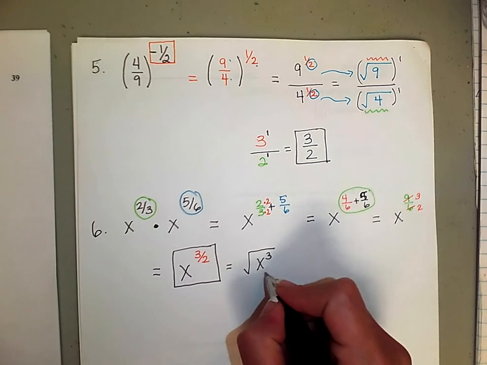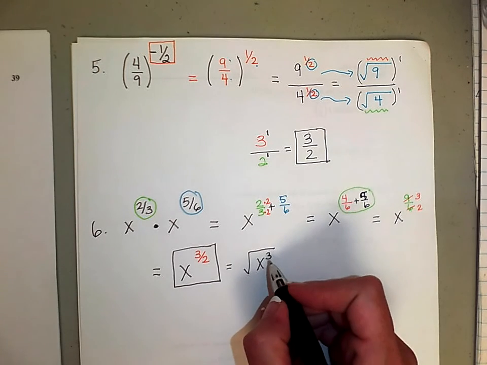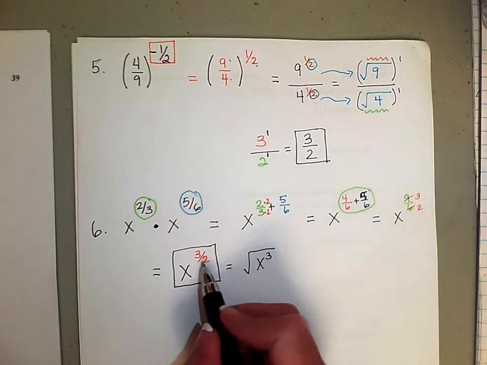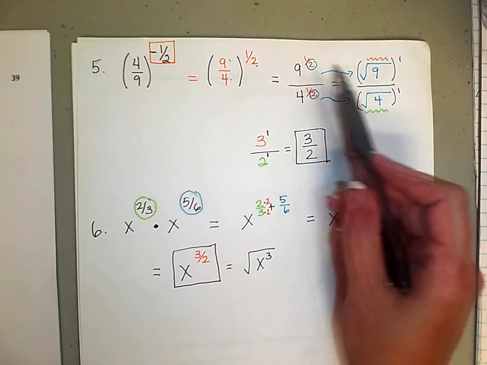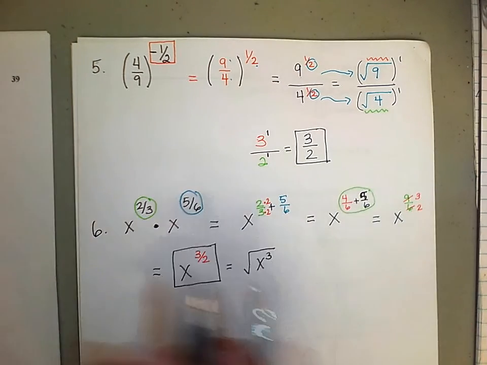I don't really see an advantage at this point. This is a little more complicated than here. Up at 9, 9 to the 1/2 could be simplified, so that's why we moved forward with it.